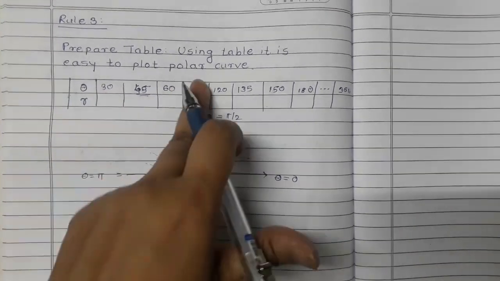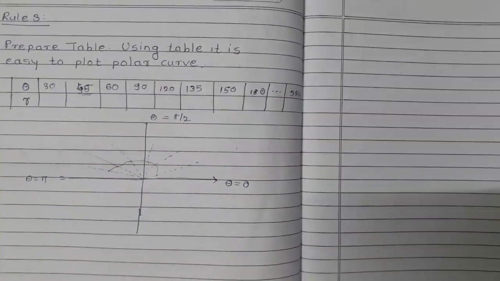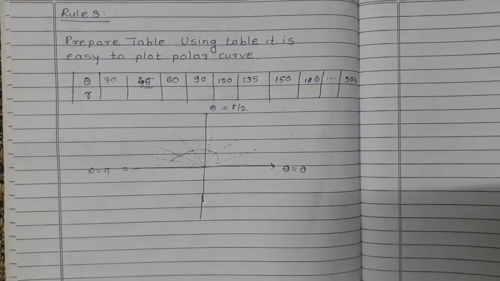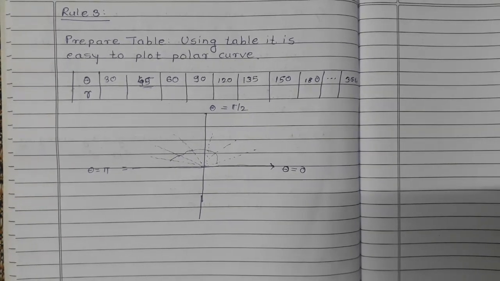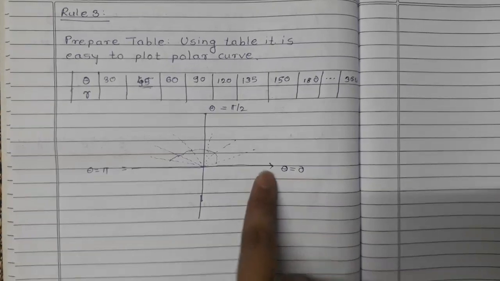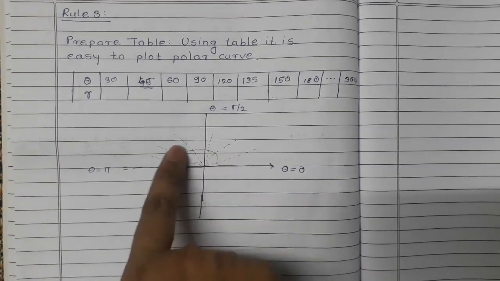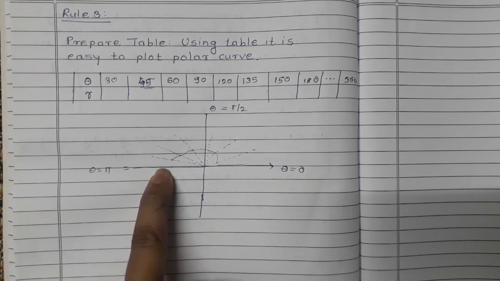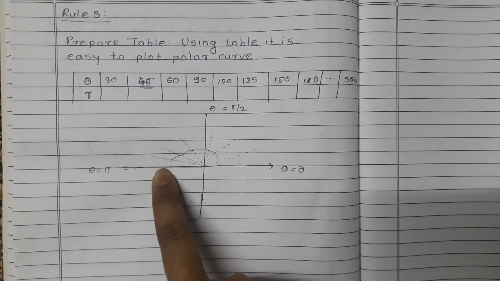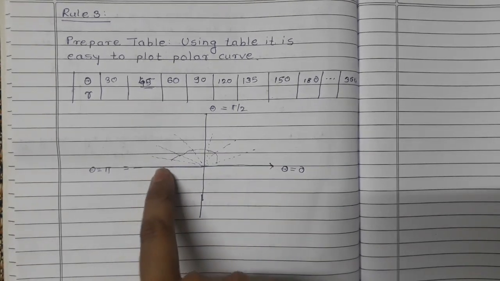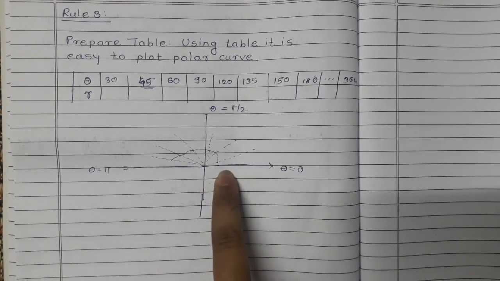Most probably take these values only to figure out the values of r, in most of the cases. Now note that if it is symmetric about the initial line, then it will work if I just figure out values up to pi. Because if it is symmetric about the initial line, the curve which is in the above part will be the same curve in the below part also.